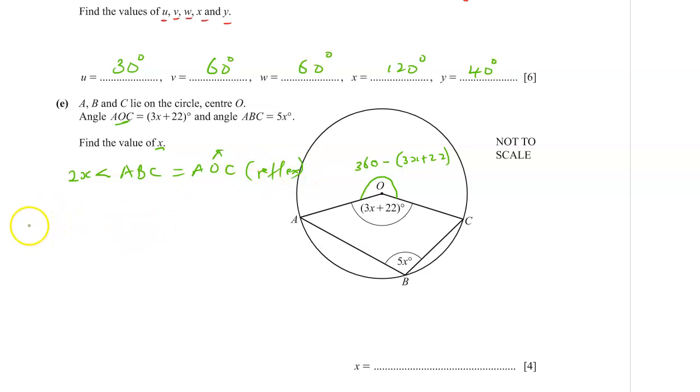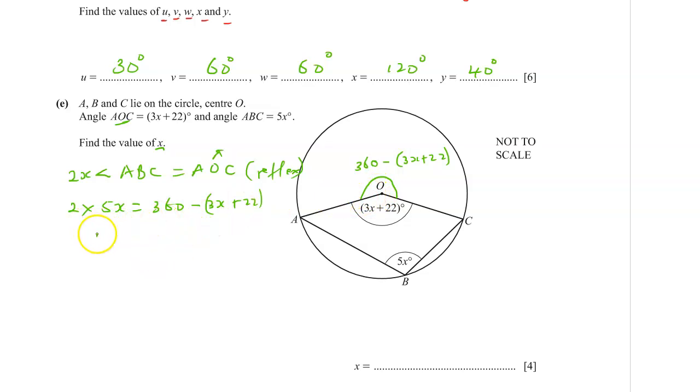Alright, so 2 times 5x, which is 10x, is equal to 360 minus 3x plus 22, this angle right here.